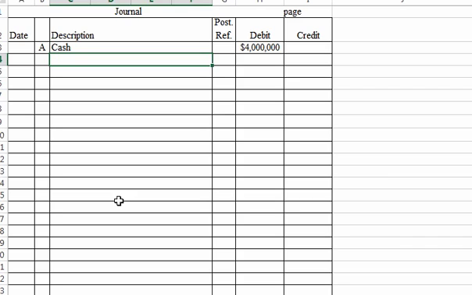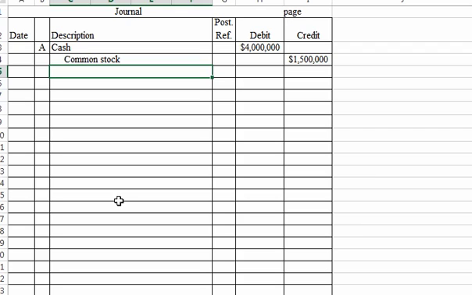So we're going to credit common stock, but it's going to go on the books at the par value. Well, the par value for the common stock is $3 per share times the 500,000 shares issued. The credit to common stock, an increase to the common stock account, is $1.5 million.